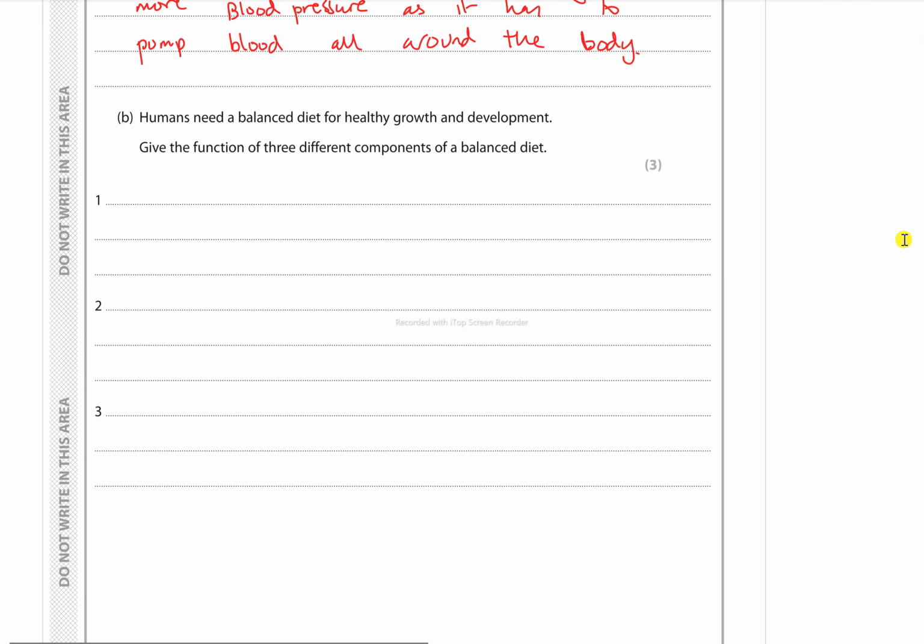Humans need a balanced diet. Give the function of 3 components. Carbohydrates are used for energy, or respiration.